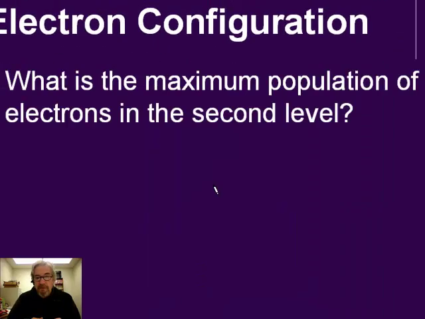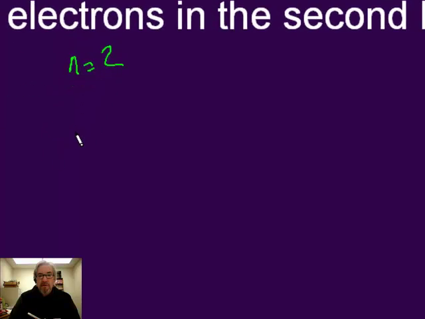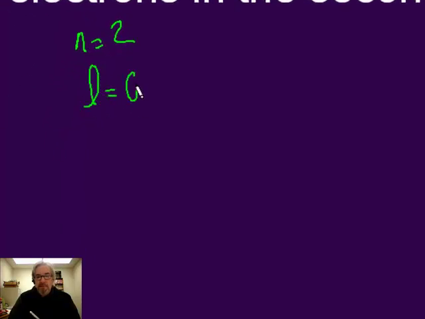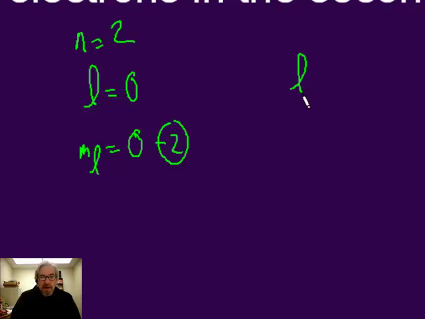So we could ask ourselves, what's the maximum population of electrons in the second level? Well, if n is 2, then that means L can be 0, in which case we would have an M sub L that's equal to 0. So there's only one orbital in that subshell, and so that means there are 2 electrons there. But L can also equal 1 if you're in the second level.